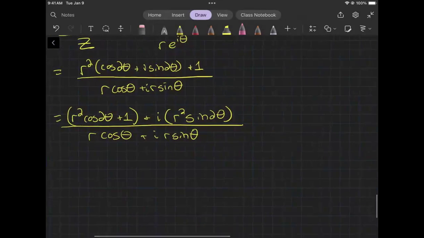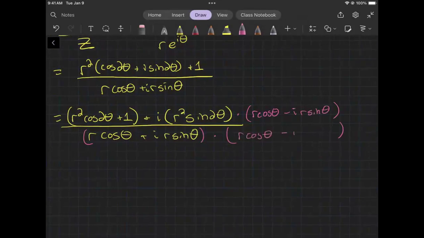Okay. So now we're dividing complex numbers. So that means we're going to have to multiply and divide by the complex conjugate on the denominator. So r cosine theta minus i times r sine theta, times r cosine theta minus i times r sine theta, right?